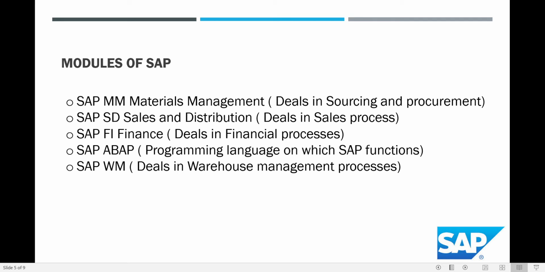Similarly, to function SAP, there are some modules without which a SAP project cannot be started. The core modules of SAP: the first one is SAP Materials Management, which is the sourcing and procurement function. The second one is SAP SD, which deals in sales, O2C cycles, order to cash processes. The third one is SAP Finance. Obviously, finance is a must in a business process, so it is also one of the core modules.